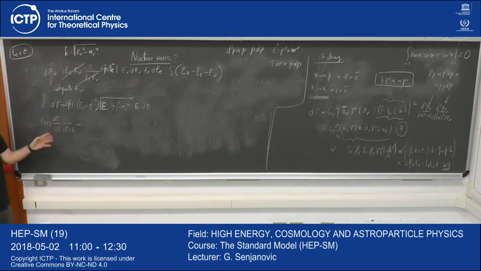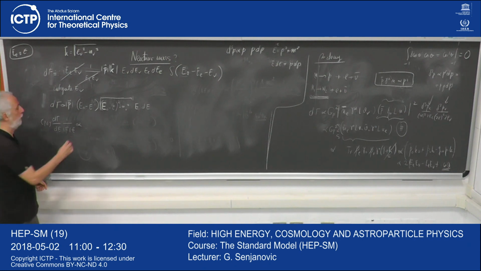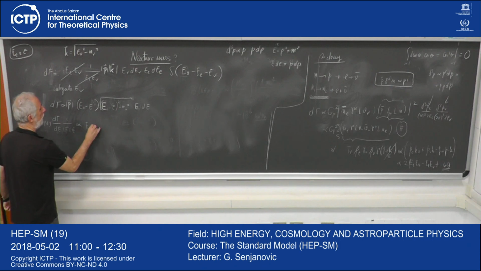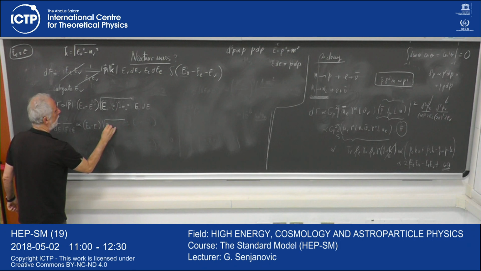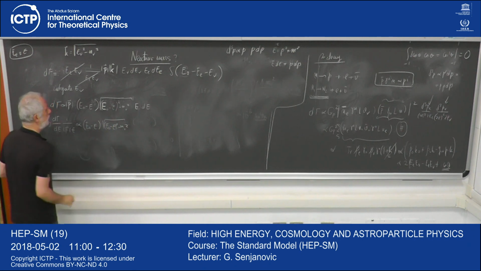I can define a quantity which I can measure: the distribution of the electron centered in energy between E and E plus delta E. There is the momentum of the electron, the energy of the electron. So what we'll have is E0 minus E, and then the square root of E0 minus E squared minus mu squared.